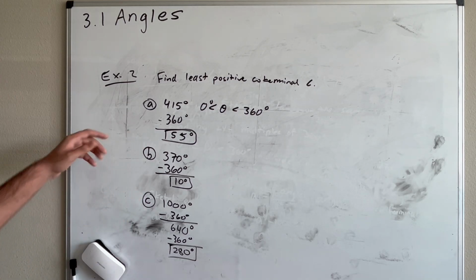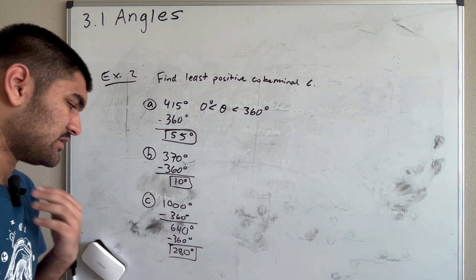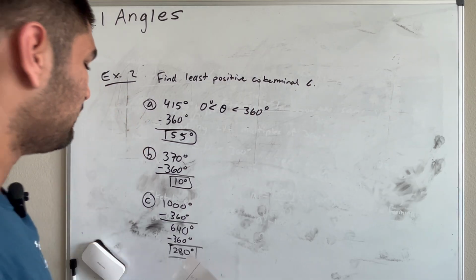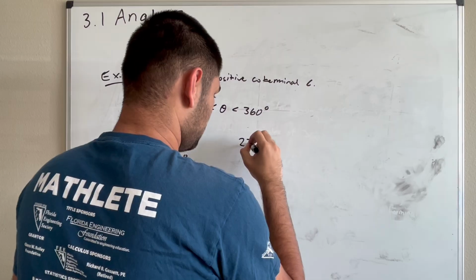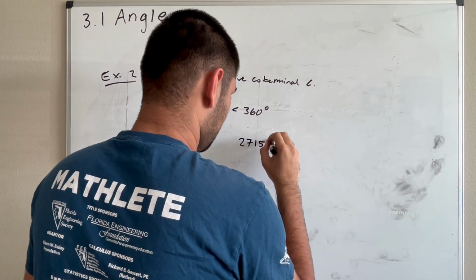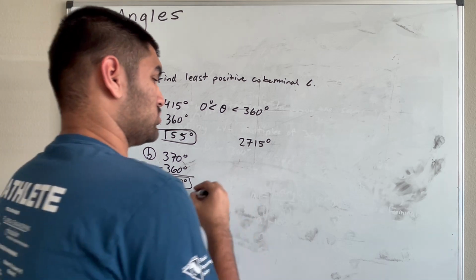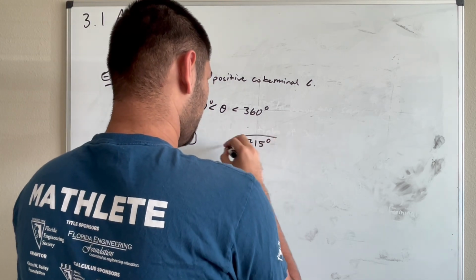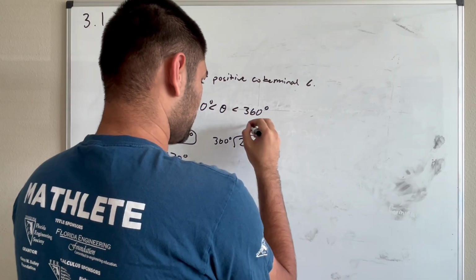So for these examples, it was pretty easy, right? We had to subtract at most 2 multiples of 360. But if you had a really big angle, like 2,715 degrees, that's going to take a long time to subtract multiples of 360 from. So what you could do is divide this by 360 degrees to see however many multiples there are.